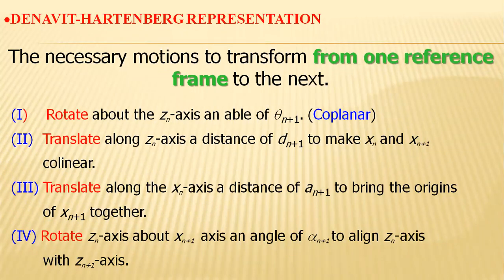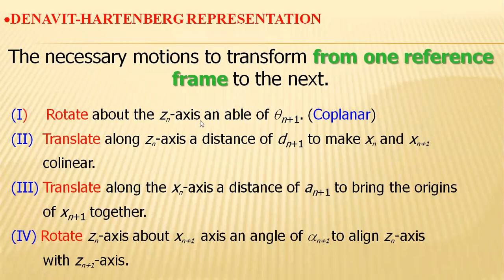Nominally we are taking 4 parameters, and corresponding to the 4 parameters, 4 different steps I am performing here. First one is rotation. Next one is translation, and continuing this translation. And then the fourth one is rotation.